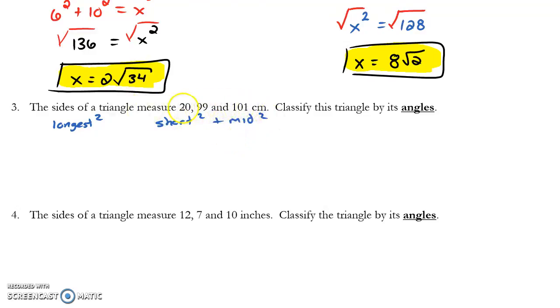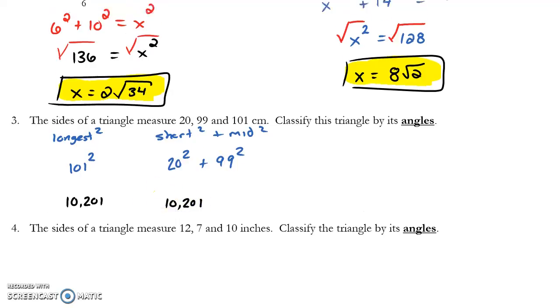Well, my longest side here is not 20, it's not 99, it's 101. I need to square that. And then compare it to 20 squared plus 99 squared. 101 squared is 10,201. 20 squared plus 99 squared, using our calculators, is 10,201.